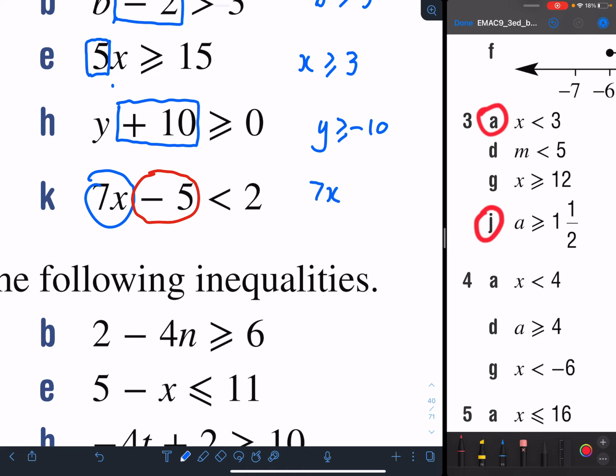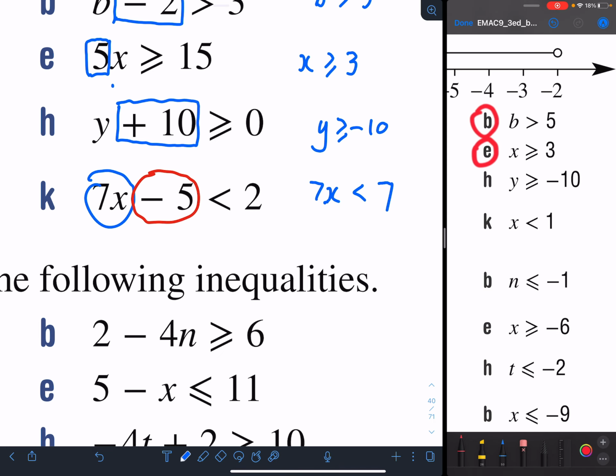That becomes 7x is less than 2 plus 5, which is 7. Now we need to divide both sides by 7, so x is less than 7 over 7, which equals 1.